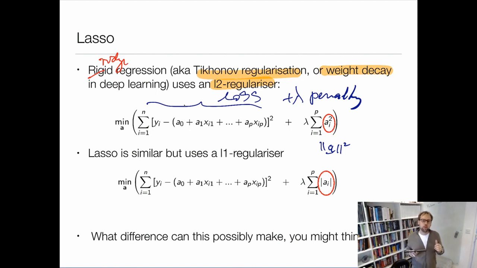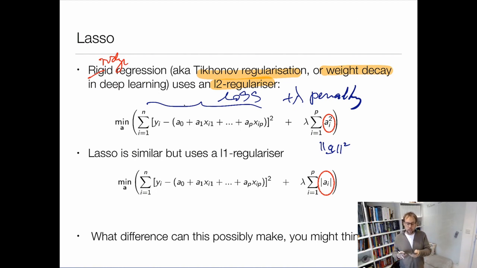Now, Lasso, in principle, the extension to Lasso is very straightforward. All we do is say, rather than using ai squared, we use the absolute value. We motivated earlier that we want something positive because ai can be both positive and negative, and we want it to be closer to zero. So we want to constrain this sum, but it could be the sum of the squares or the sum of the absolute values.